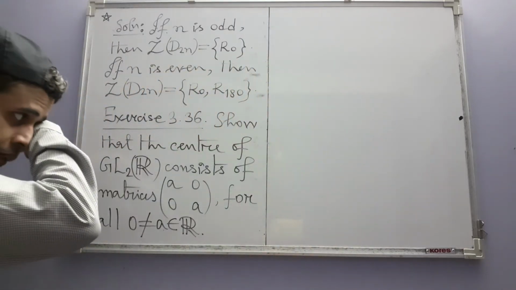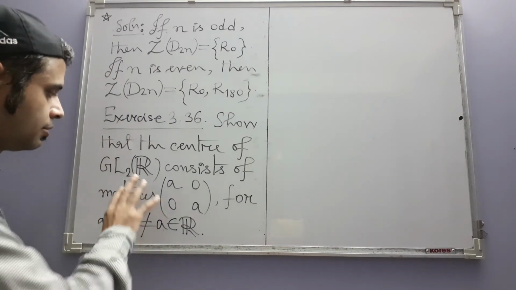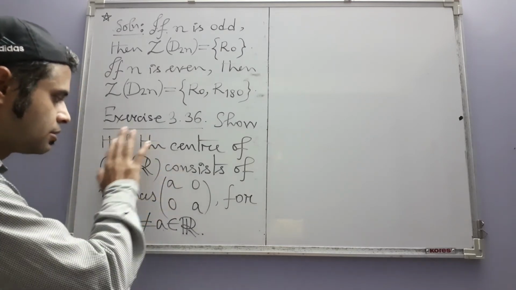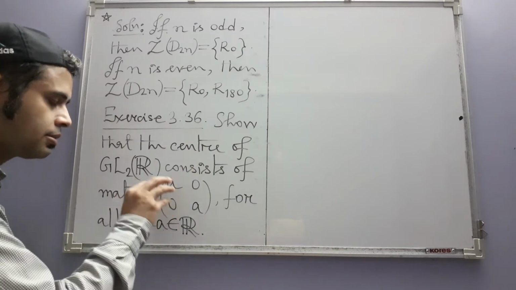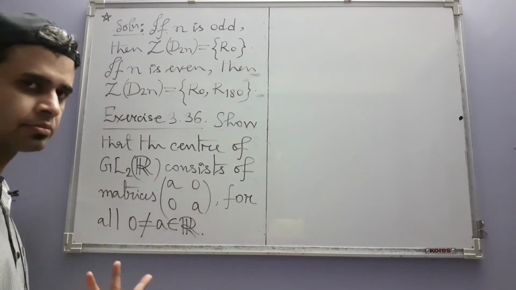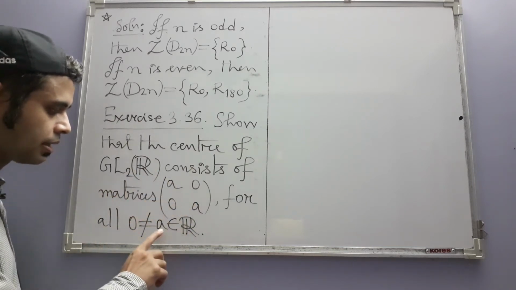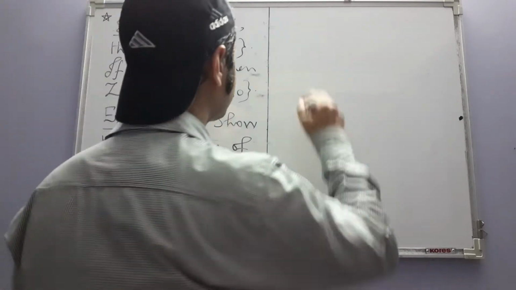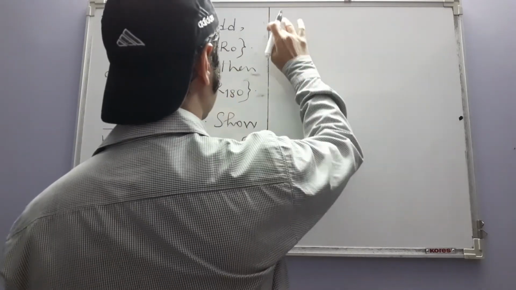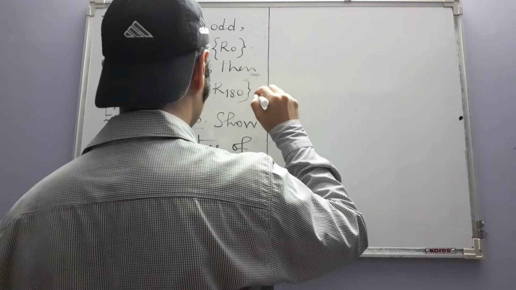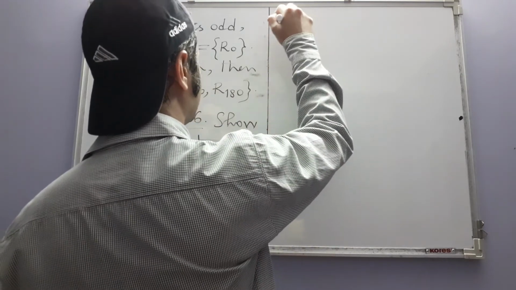Okay, so now we need to show that the center of this general linear group is the set of scalar matrices, which of course are non-singular.